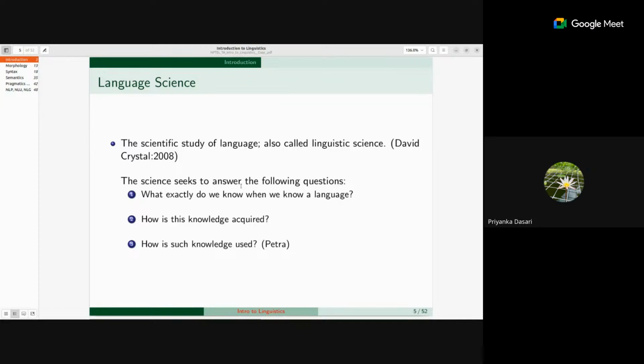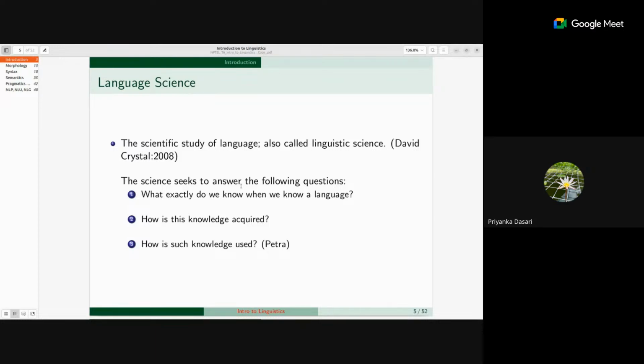So as I said, let's start with linguistics. What is linguistics? It is the scientific study of language, also called language science. When we think of science, what do we seek? What exactly do we know when we know a language?